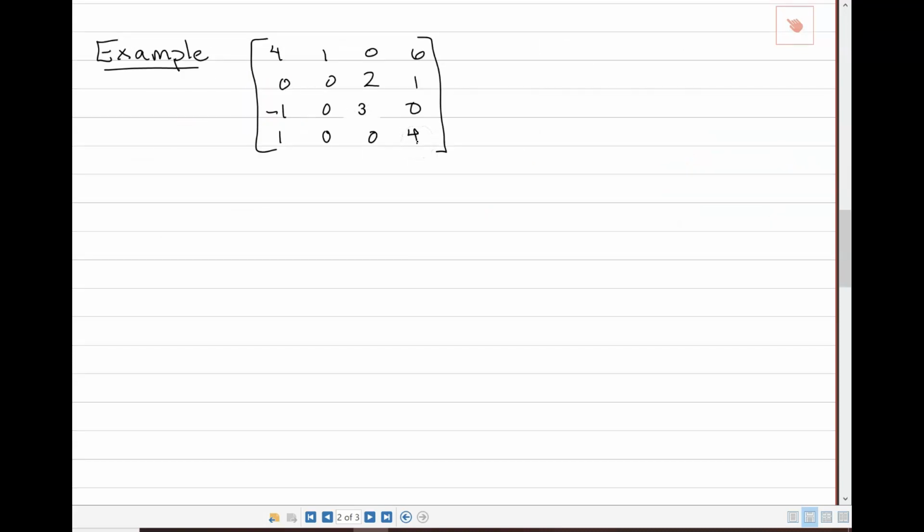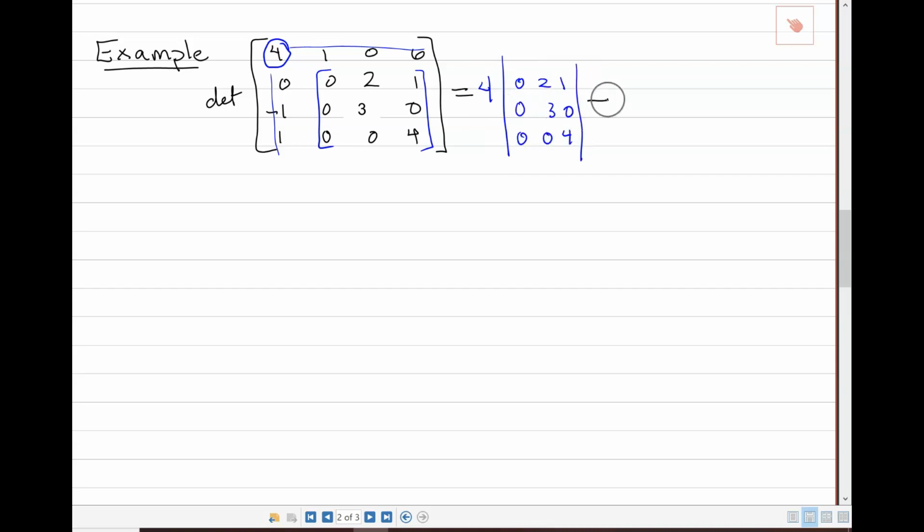Okay, so in this example, we've got a 4 by 4 matrix, and we're going to compute the determinant of it. I'll start by looking at the 1, 1 entry and then computing the determinant of that submatrix I get when I cross out the first row and first column. So I'm going to have 4 times the determinant of 0, 2, 1, 0, 0, 4 minus 1 times the determinant of its submatrix.